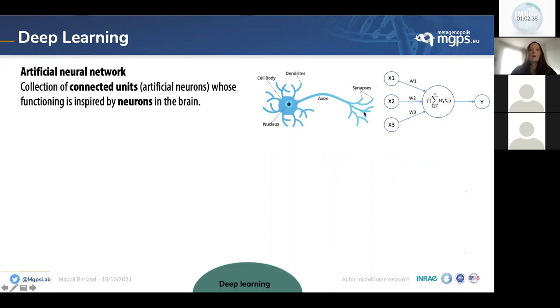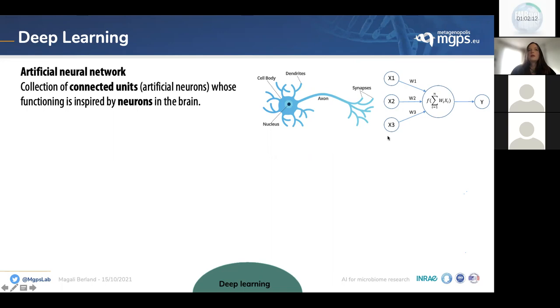And how a neuron works, very briefly: some chemical information reaches the dendrites. And depending on the quantity of chemical component, the axon will or will not be activated. And some chemical component will be released at the synapse.